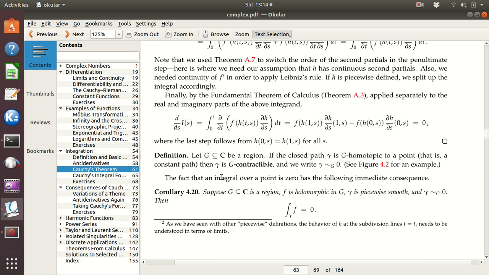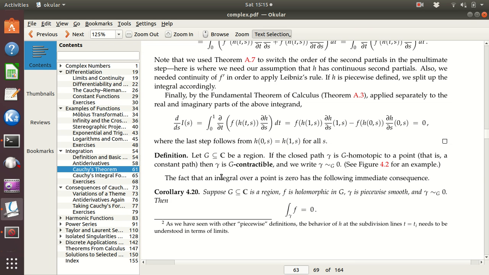Well, if gamma is G contractible to 0, then what we know is that the integral over gamma of f is going to be 0, because it is that same homotopy, and if I am trying to integrate just over the point, I get 0, and so they should be equal.